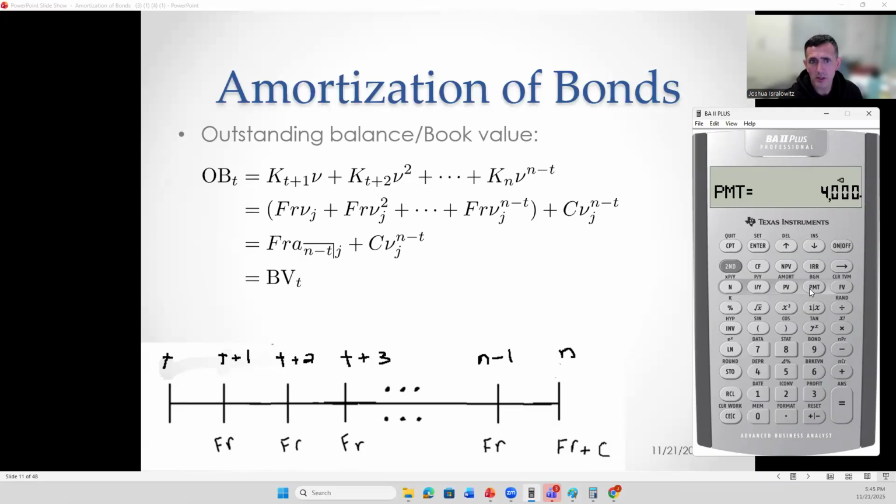4,000 payments. This is 8 to 10, so t is 2 and n minus t is 10 minus 2. 3% interest, 1,000, redemption.